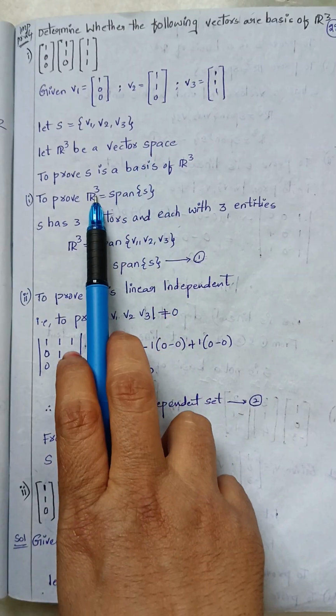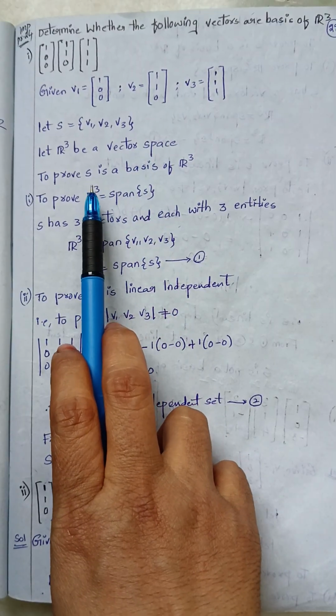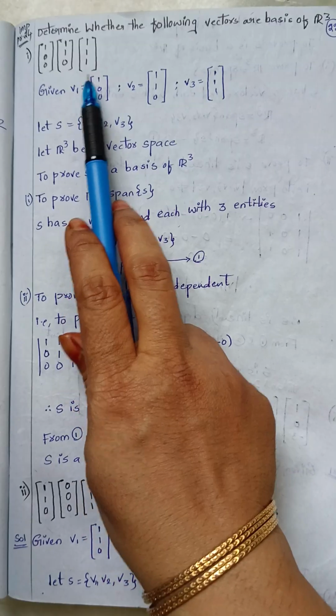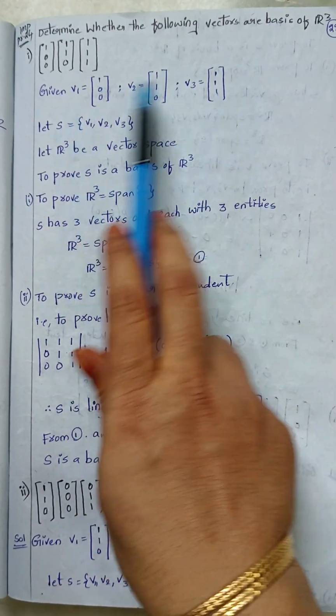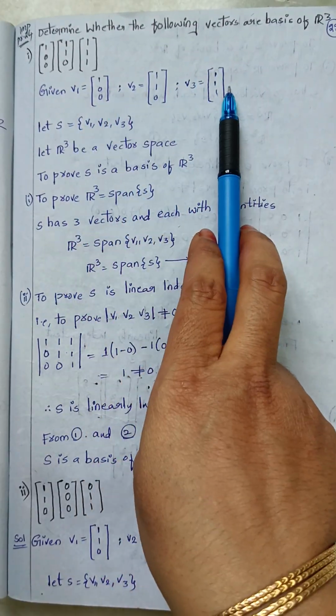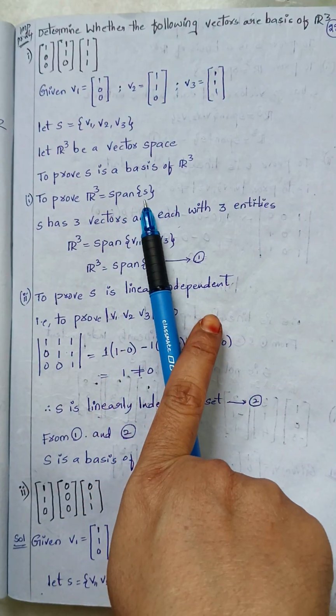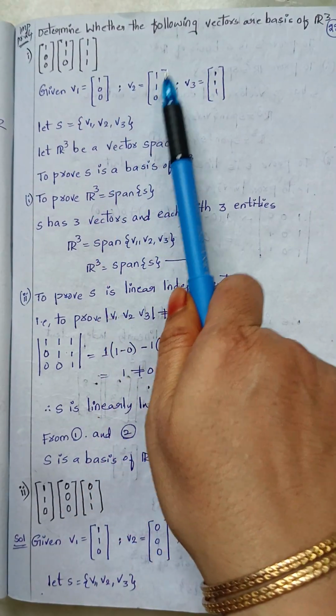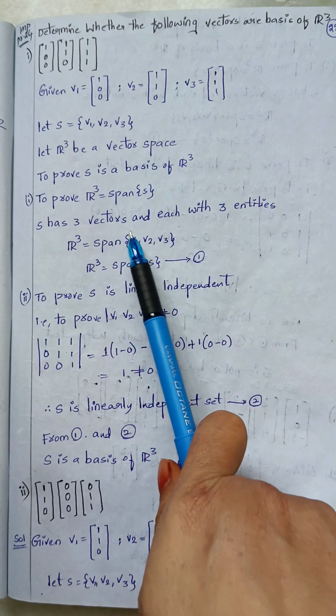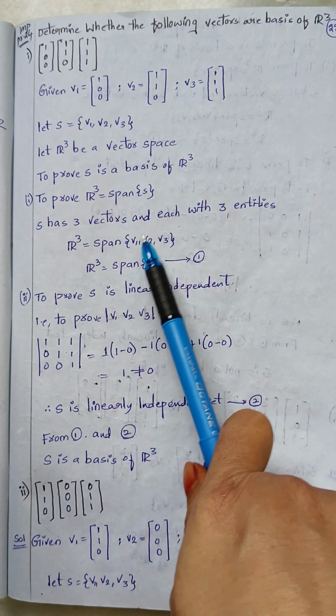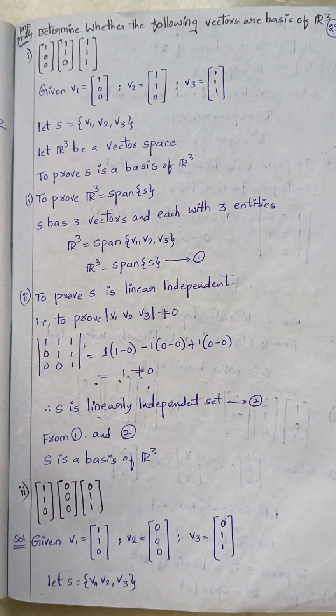R3 must contain 3 entries, and S has 3 vectors with 3 entries, the same number of vectors. Obviously it spans. That's why R3 is span of v1, v2, v3, which is nothing but span of S.